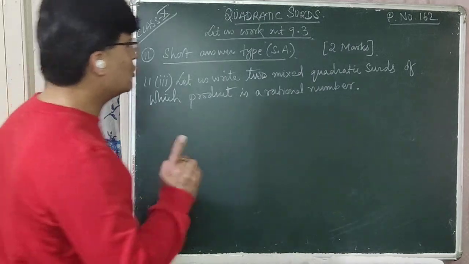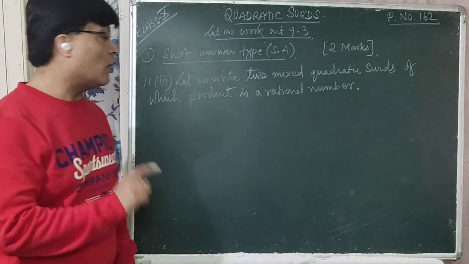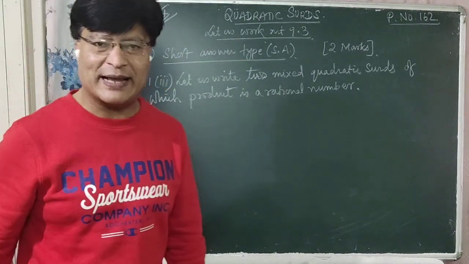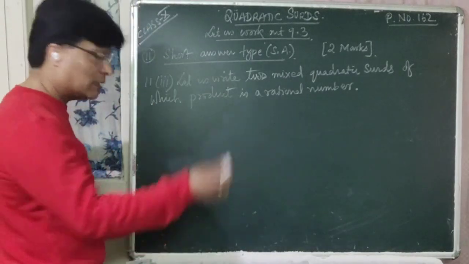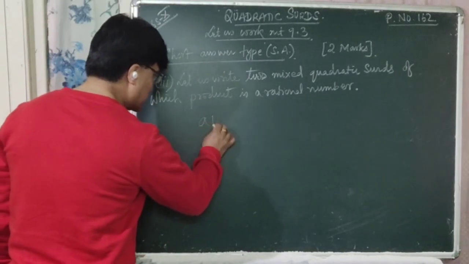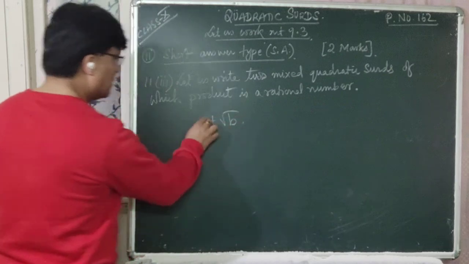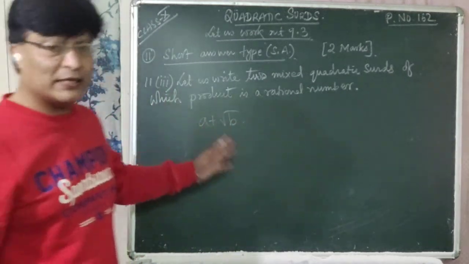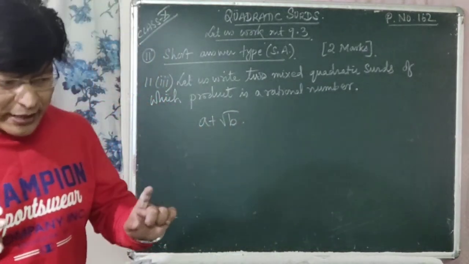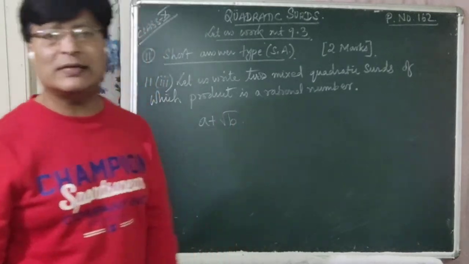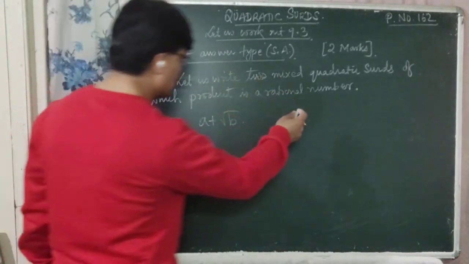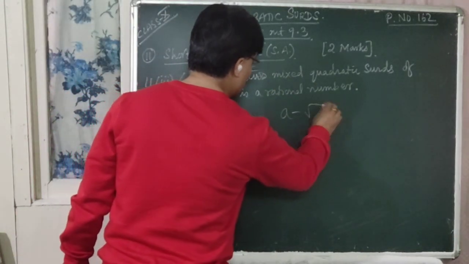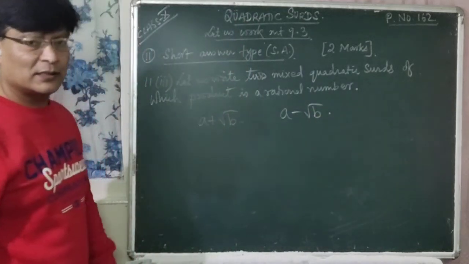So you have to write down two mixed quadratic surds whose product is a rational number, right? So if you write a plus root b, here a is the rational part and root b is the irrational part. Together, these are known as quadratic surds. Suppose the other surd is a minus root b.